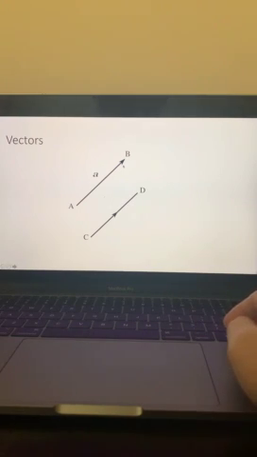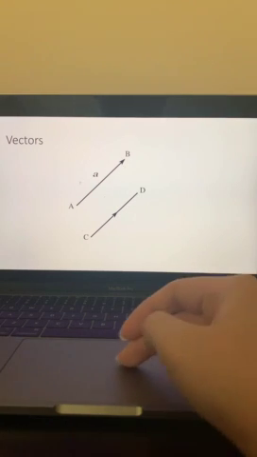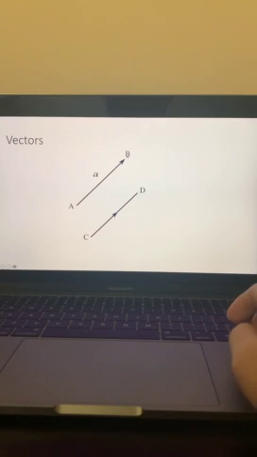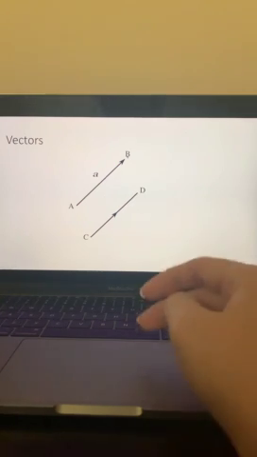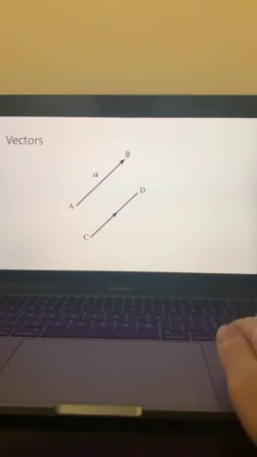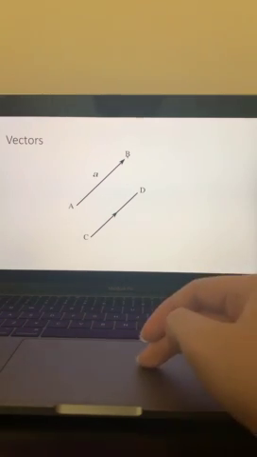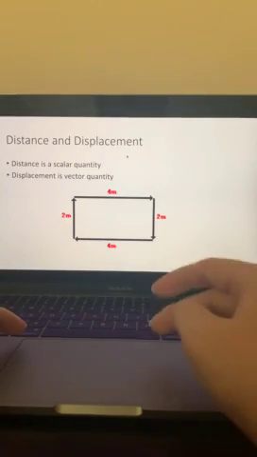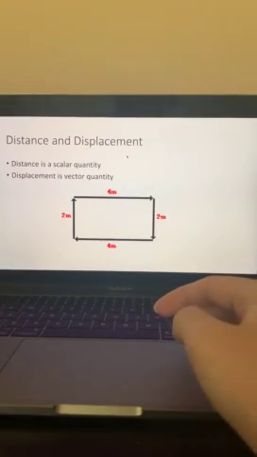So a vector needs to have magnitude and direction. If it doesn't have that, I believe it is a scalar, because from what I know, a scalar is just a number, just a value. It doesn't have any direction.